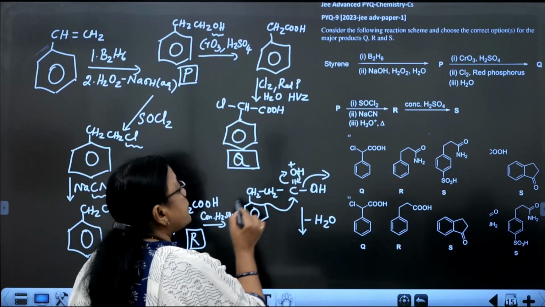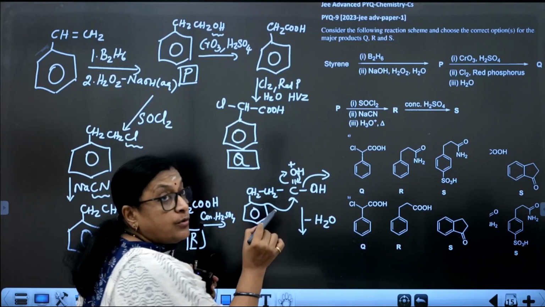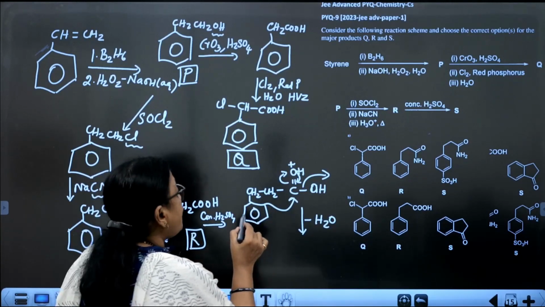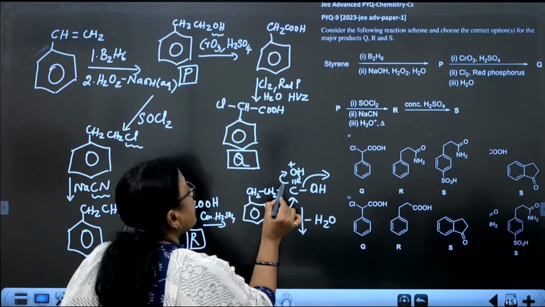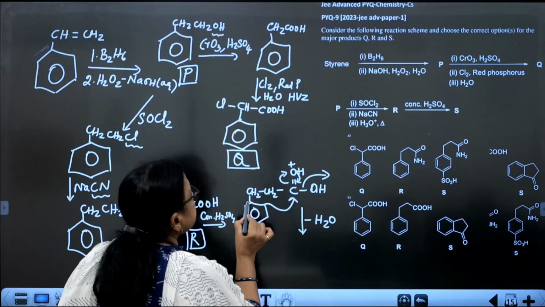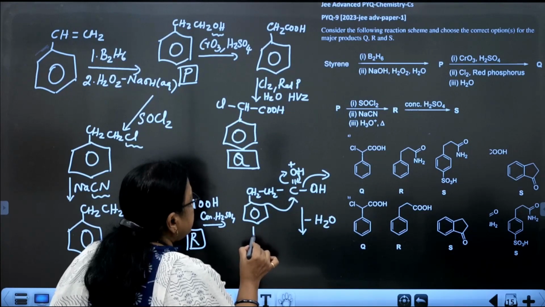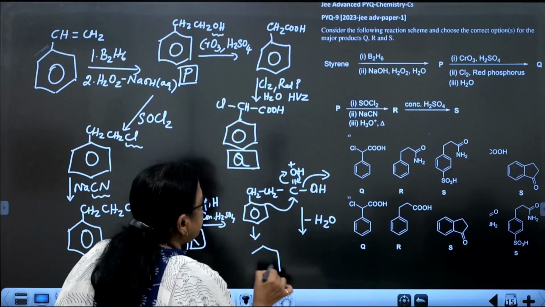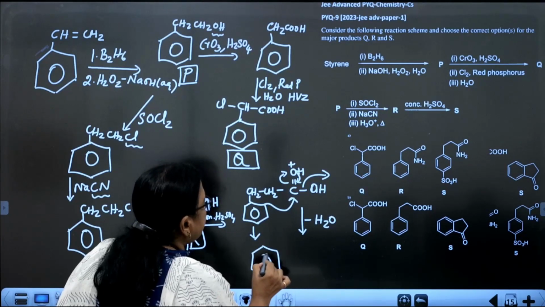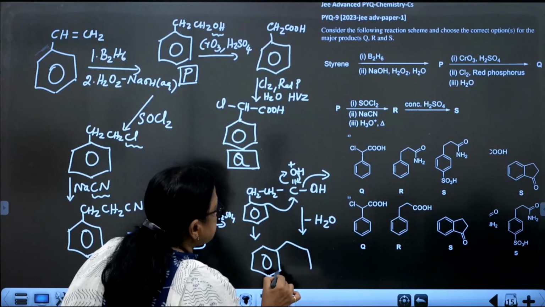You get a cyclic product here. Let us count how many membered cycle is formed: 1, 2, 3, 4, 5. A 5 membered ring. So let us put a 5 membered ring adjacent to it.